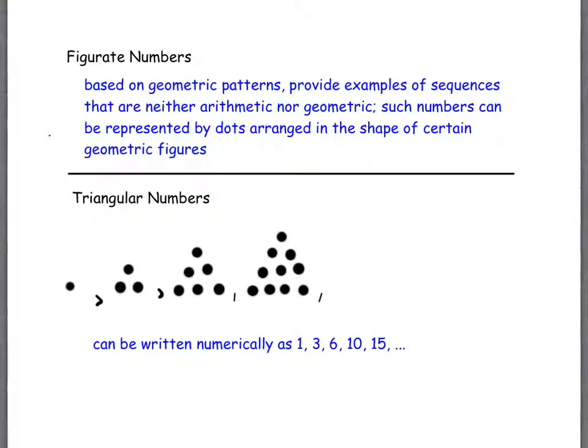Right, it would have 5 across the base. Let me make that a bit thicker. And then what would it have? 4 on top of that, sort of offset, right? And then 3. And then 2. And then 1.